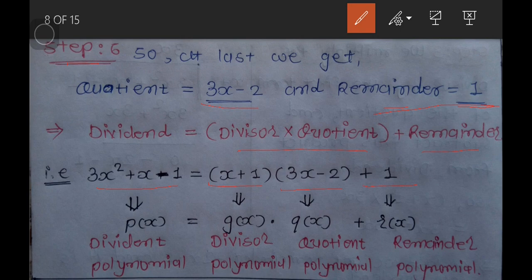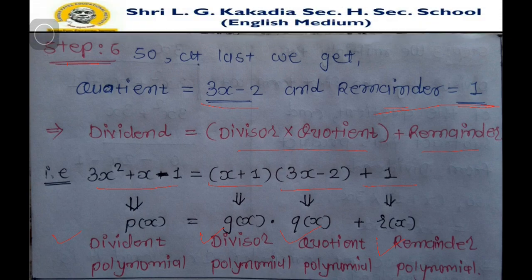The first polynomial is our dividend polynomial, the second is our divisor polynomial, which we write as g of x, then our quotient polynomial q of x, and at last our remainder polynomial r of x. So this is the process of division of polynomials.